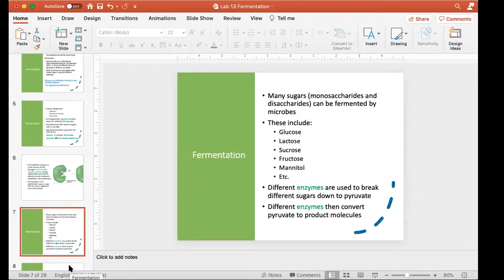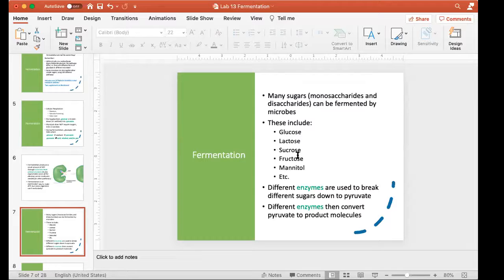All microbes, all cells can use glucose to make ATP, but many microbial cells anyway can use other sugars to get that glucose. They can use lactose, they can use sucrose, some can use fructose, some can use mannitol. It goes on and on. One thing to note is that these other carbohydrates, they're not big polysaccharides, are they? They're either other monosaccharides or they're disaccharides.